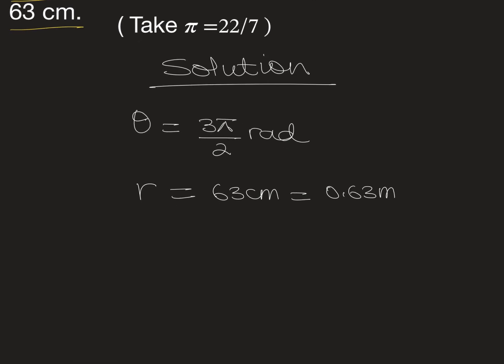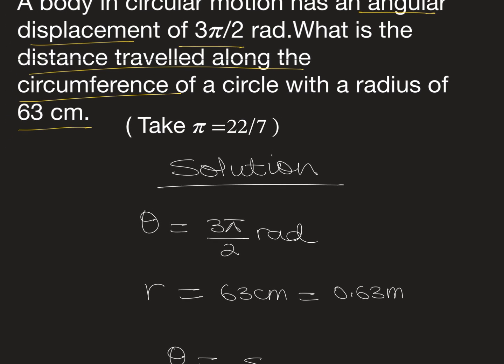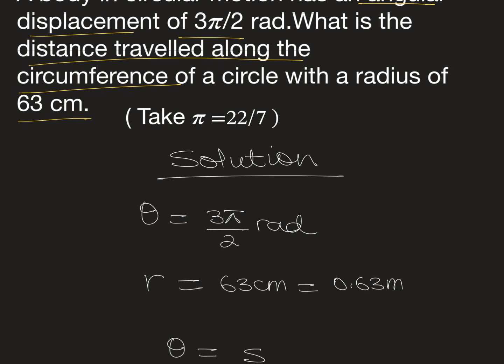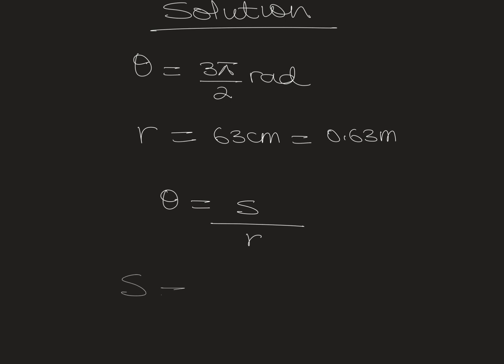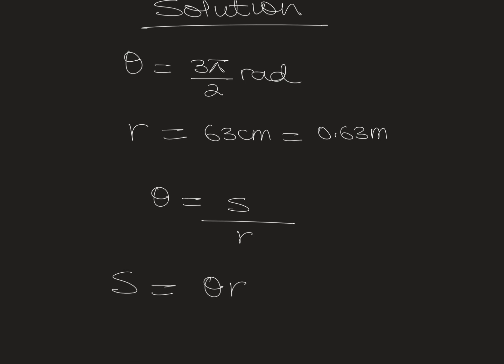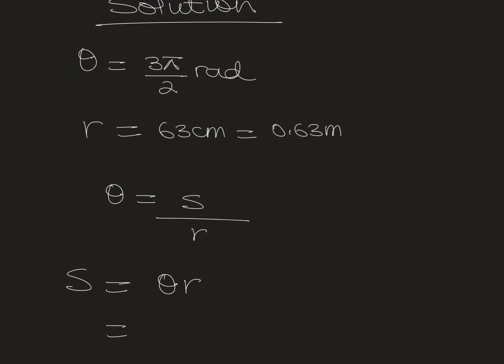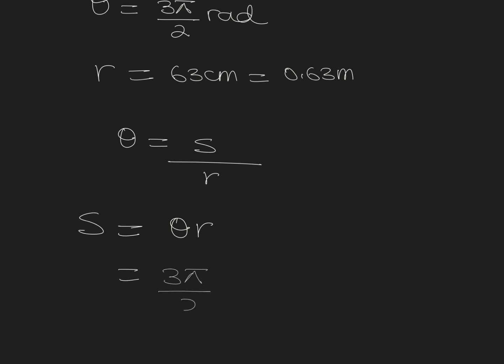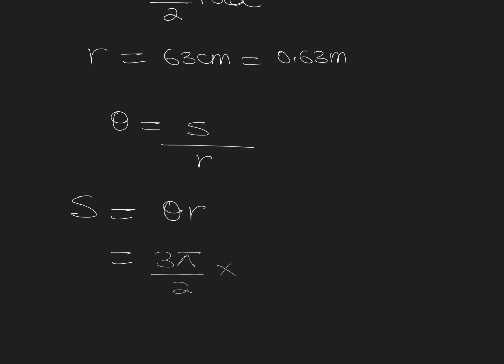Now, we know that the angular displacement is equal to the length of the arc divided by the radius. This length of the arc is also the same as the distance traveled along the circumference of a circle. So if we want to find S, that will be equal to theta r. What is theta? It is 3 pi divided by 2, multiplied by the radius in meters, 0.63 meters.